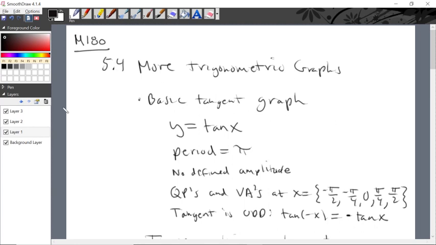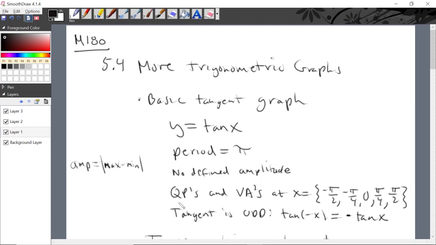That's because amplitude, when it is defined, is calculated as the difference between the maximum and the minimum of a function. And the tangent has no maximum and it has no minimum, as we'll see, that the tangent approaches vertical asymptotes, in fact.